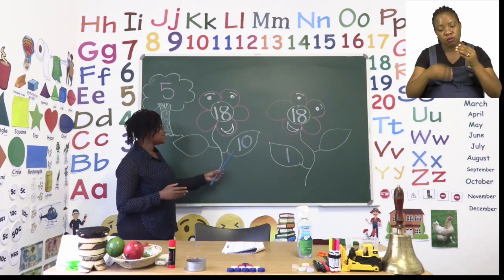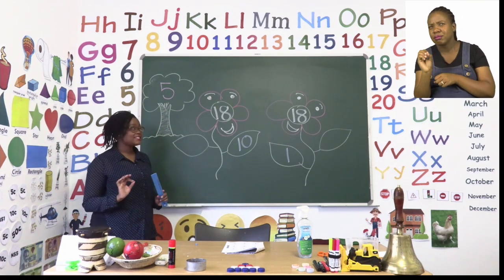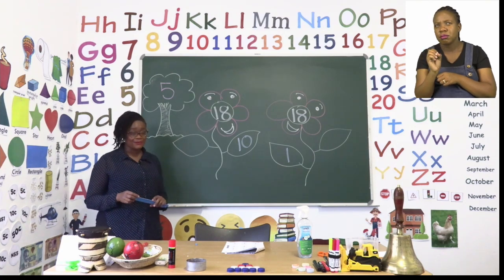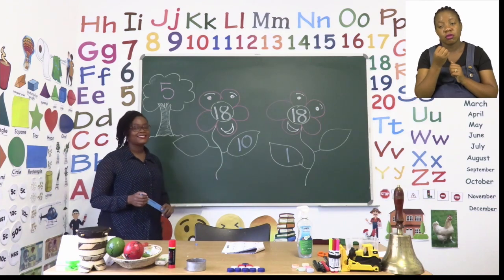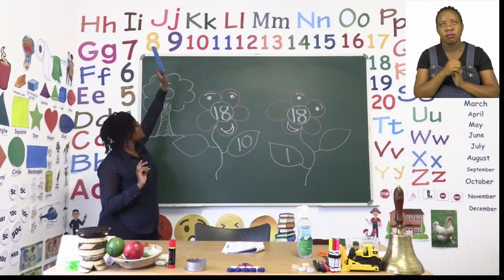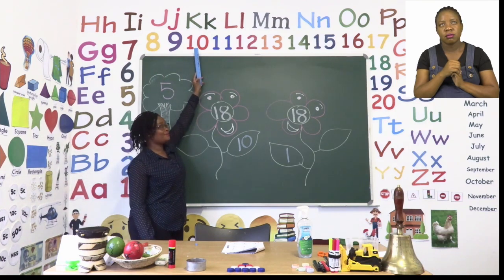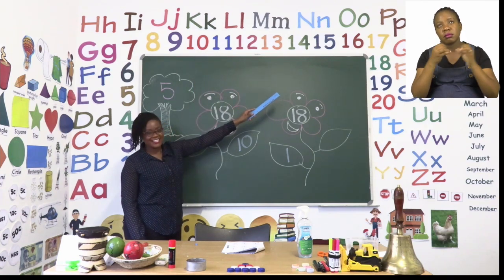Now the first one says 10. So for us to find out which is the number that is missing on the other leaf, we need to count on from the number 10. Today we're going to be using our number line. So we're going to say 10 is already there, and since 10 is already there, we will count normally all the way to 18.